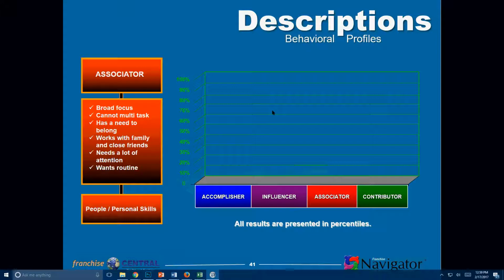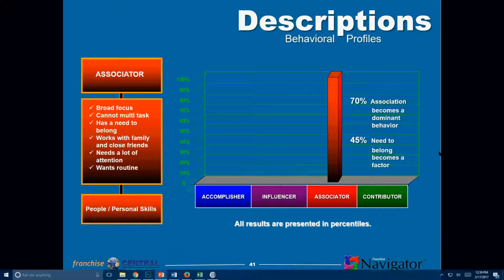So let's look at the continuum. At 45%, the need to belong begins. So you'll see some patterns that are pretty consistent amongst the profiles. At 70%, it's a dominant behavior. But guess what? When it starts to reach into the 90s, and it actually starts more in the 80s, that need to belong, that safety, that security, that desire becomes excessive.